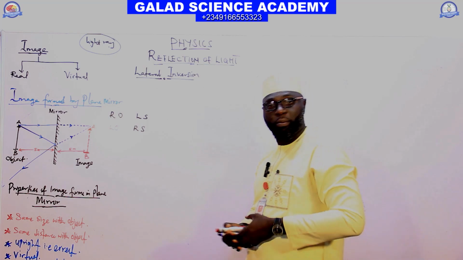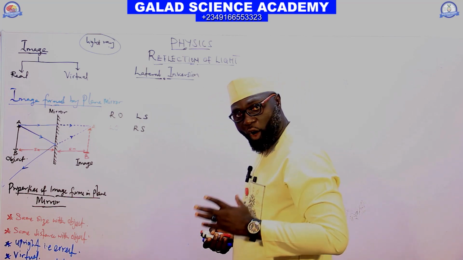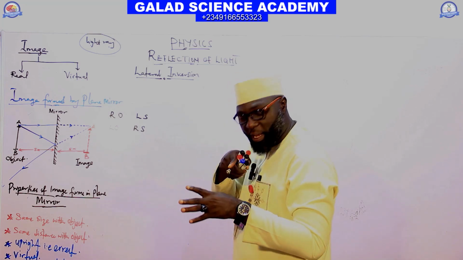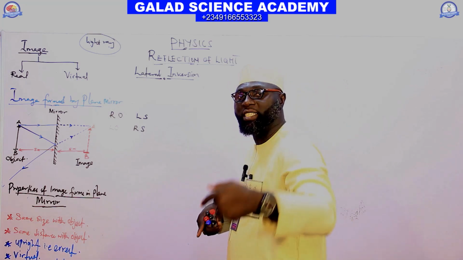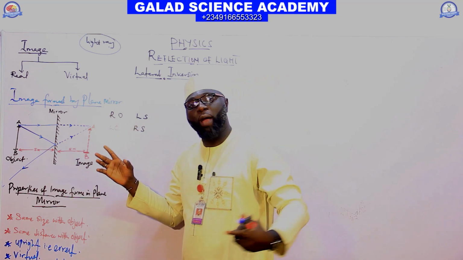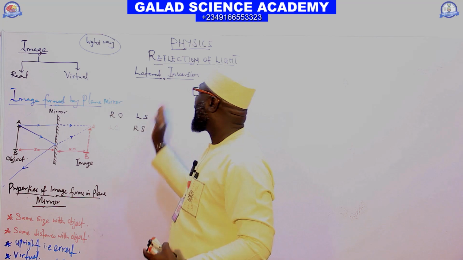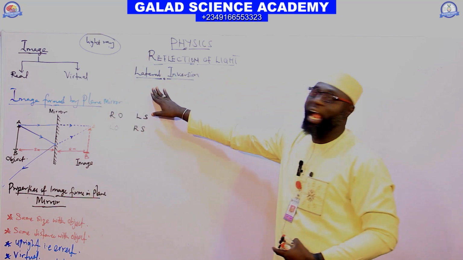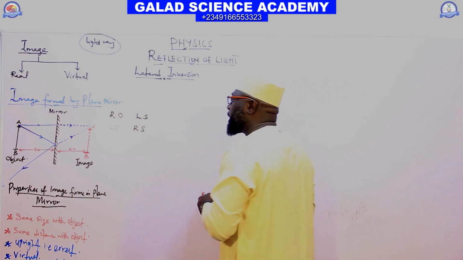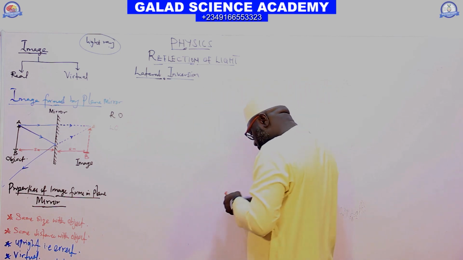That's why the image of my left hand in the plane mirror will appear as a right hand, and the image of this right hand will appear as a left hand. The phenomenon is called lateral inversion.